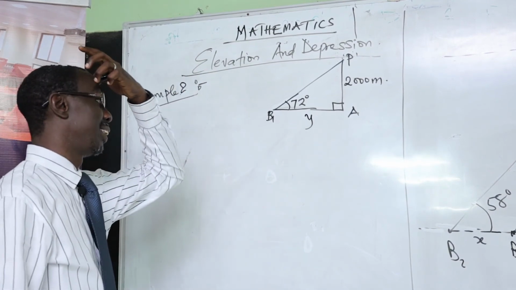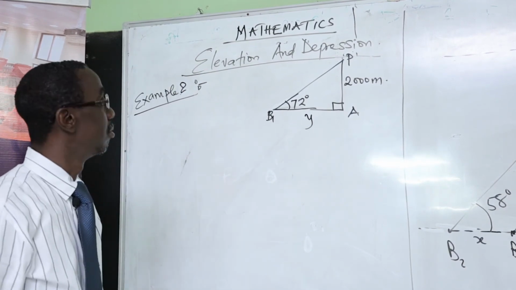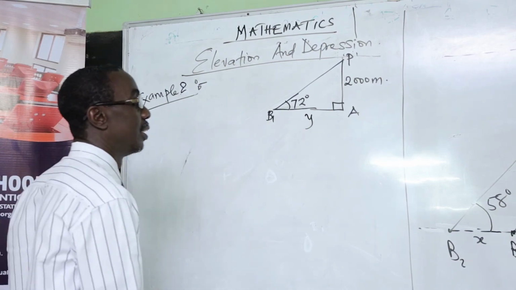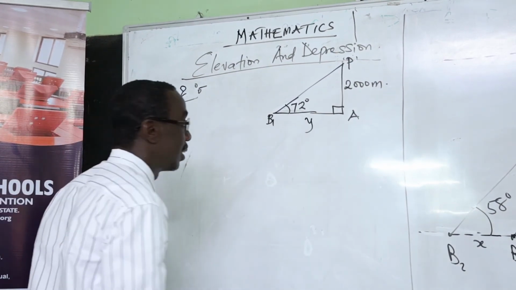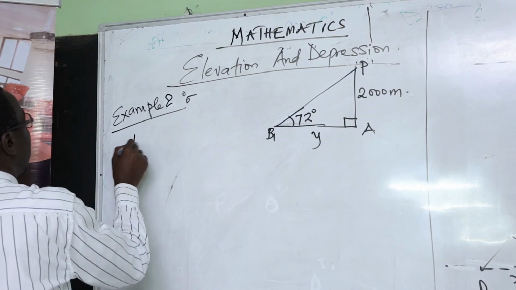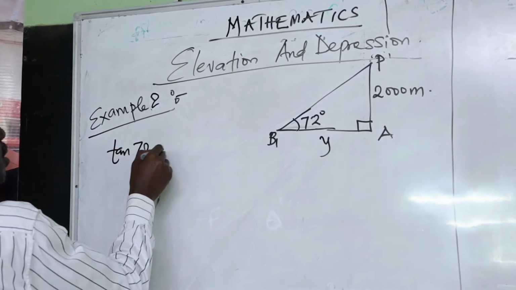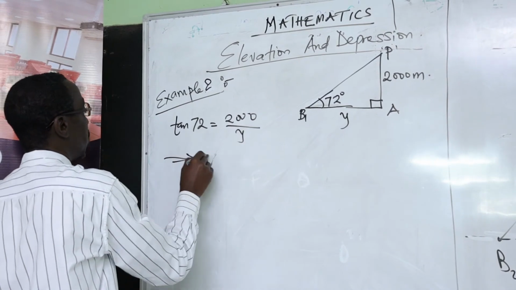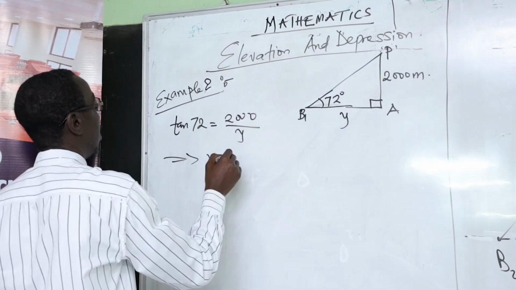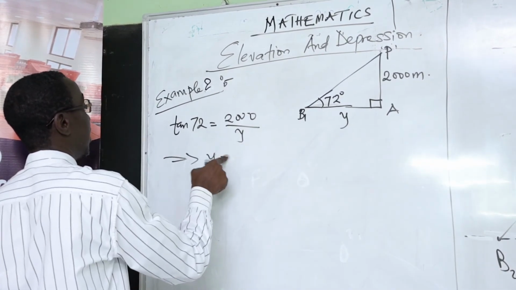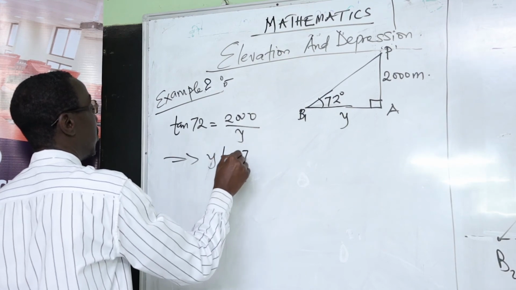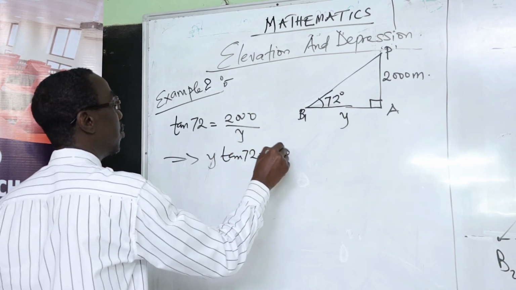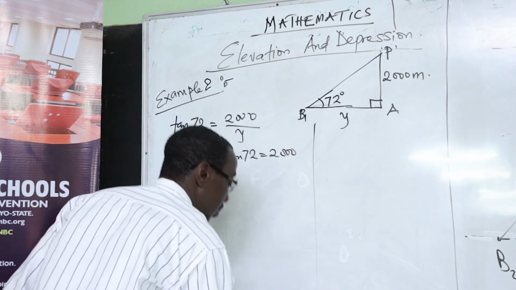I can find Y. To find Y, opposite over the adjacent. So tan 72 is equal to 2,000 over Y. It implies that Y tan 72 is equal to 2,000.